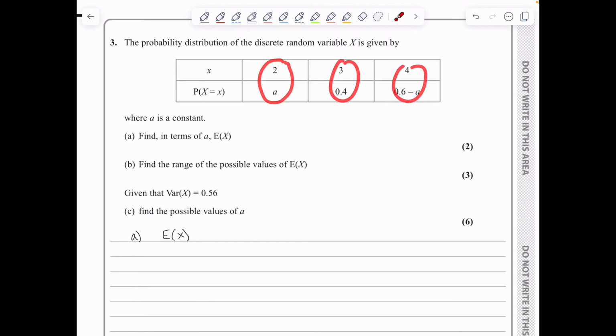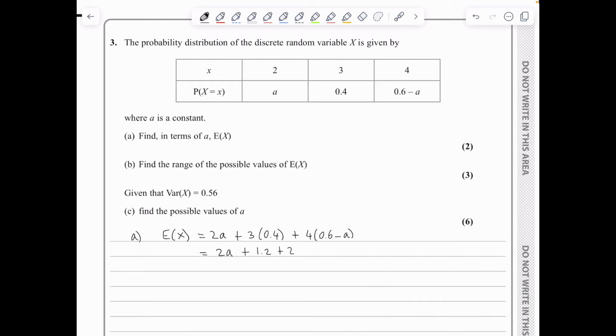So I'm just gonna do 2 times A, which is 2A, plus 3 times 0.4, plus 4 times 0.6 minus A. So I will expand this to get 2A plus 1.2 plus 2.4 minus 4A, which leads to 3.6 minus 2A. This is the expectation of x in terms of A.